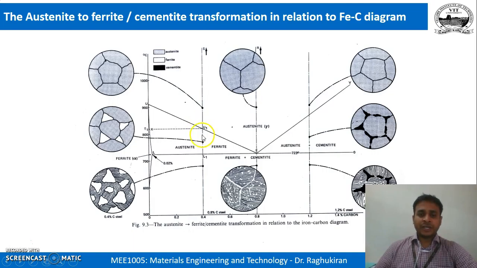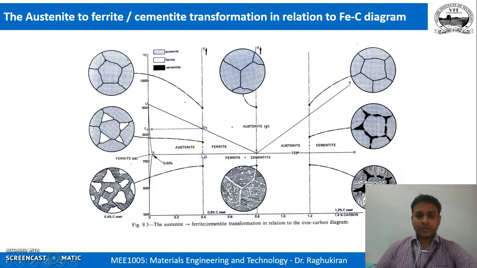From austenite, ferrite starts forming, because in this particular region what all do you have? Ferrite plus austenite. So in this region all that you have to have extra is, you already have austenite, you have to have ferrite. So your ferrite starts liberating until you reach here.